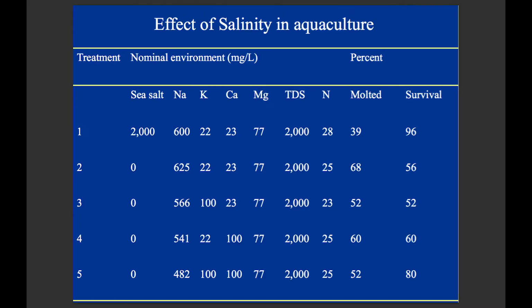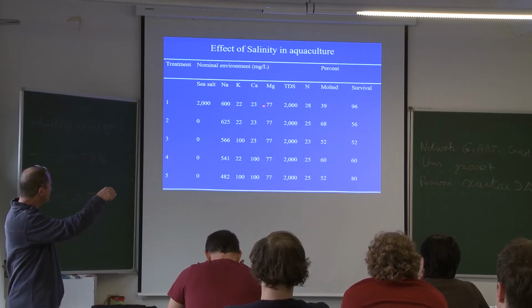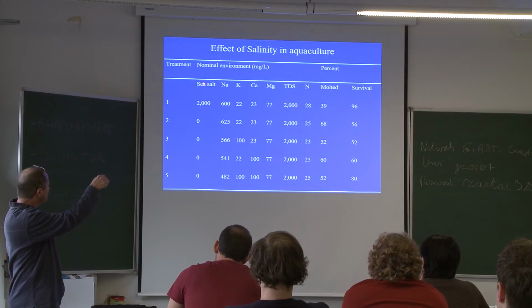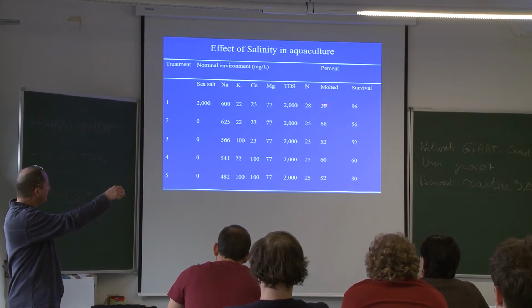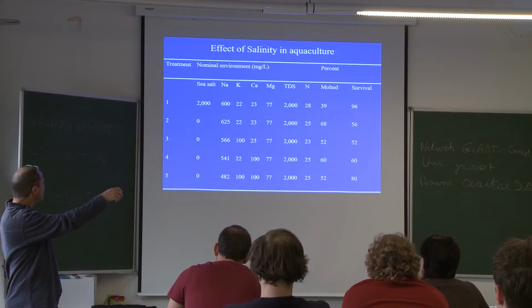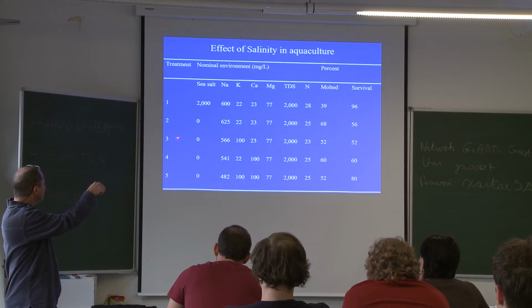This is sea salt and the breakdown of the major ion composition: sodium, potassium, calcium, magnesium, total dissolved solids, which is basically the salinity. And what we saw was that we had 96% survival. That was shrimp.